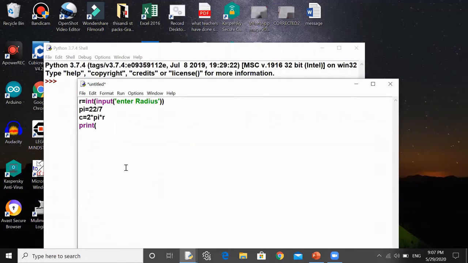I taught you that day, son, we can add a sentence: circumference is. This is just the label. Then put a comma and we can put C here, right? Okay, now we finish, right? So very simple. Okay, right?